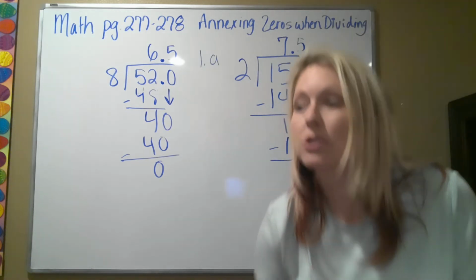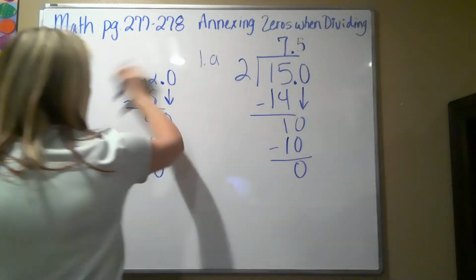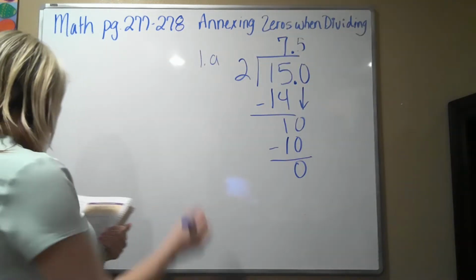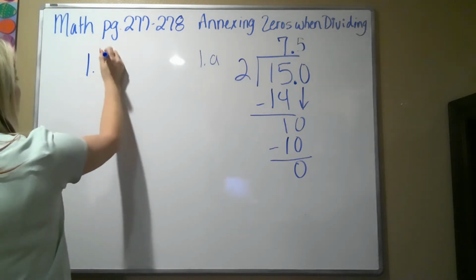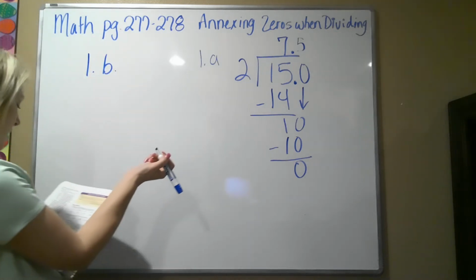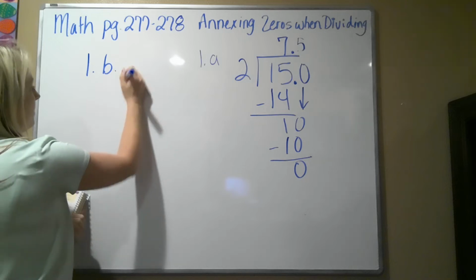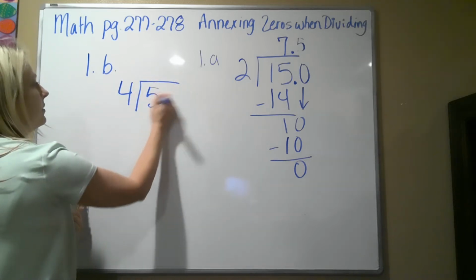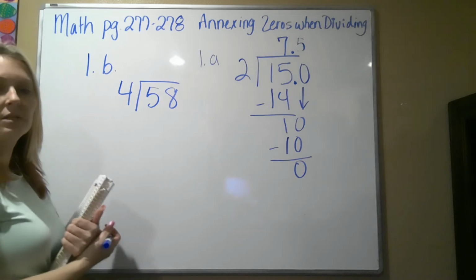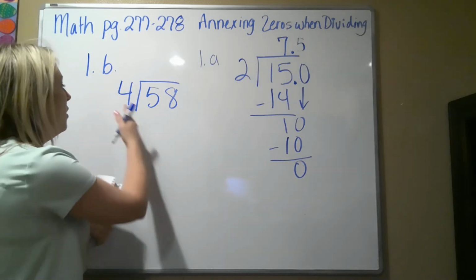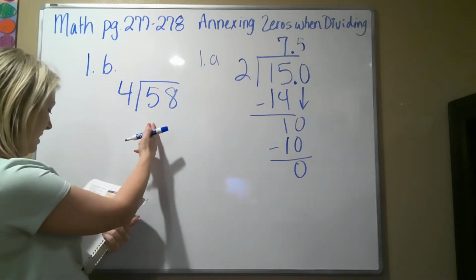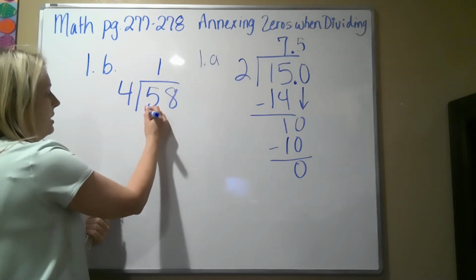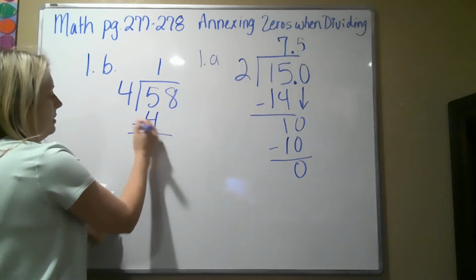Okay, let's try another one all together. Let's do 1B, okay? 1B is 4 into 58, so 58 divided by 4. Let's try it again. 4 goes into 5 one time. 1 times 4 is 4.